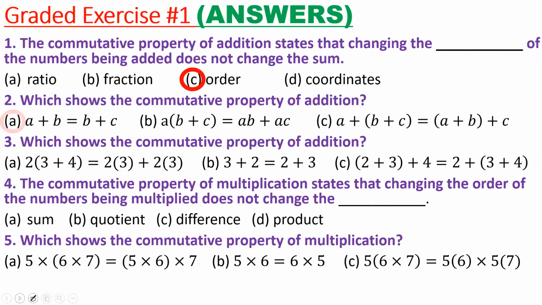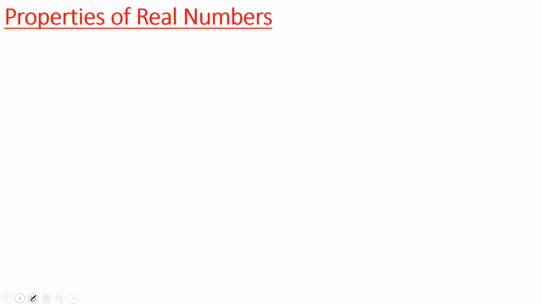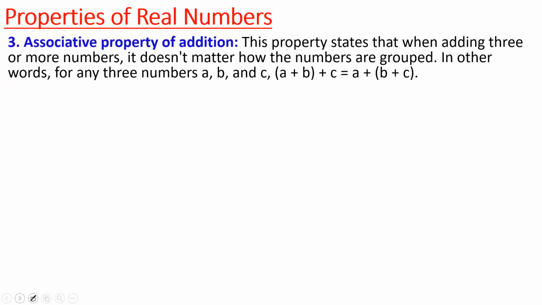So the answer for this one is A, B, C, D. We already went through the answers. I didn't forget, I had the answer slide. Now the next property is associative. Can you put the graded exercise in the chat, please?